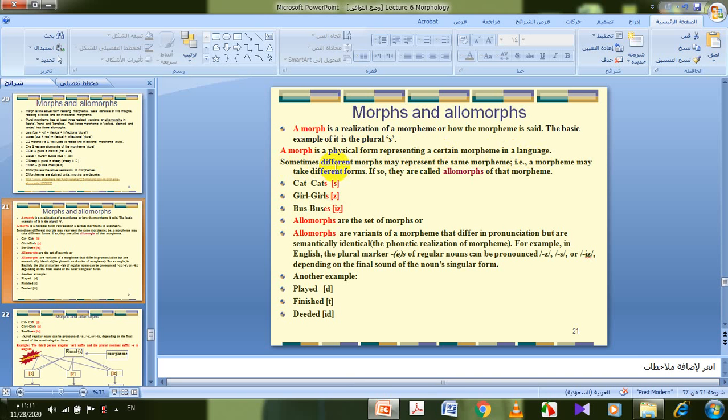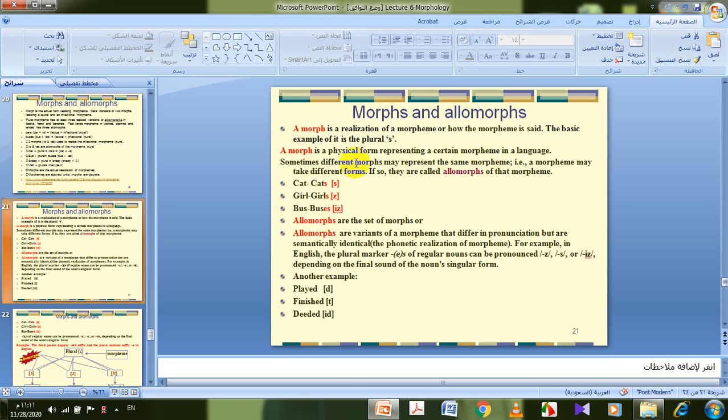Sometimes different morphs may represent the same morpheme. Not one; the same morpheme is pronounced differently. In this case, the different versions are called allomorphs.